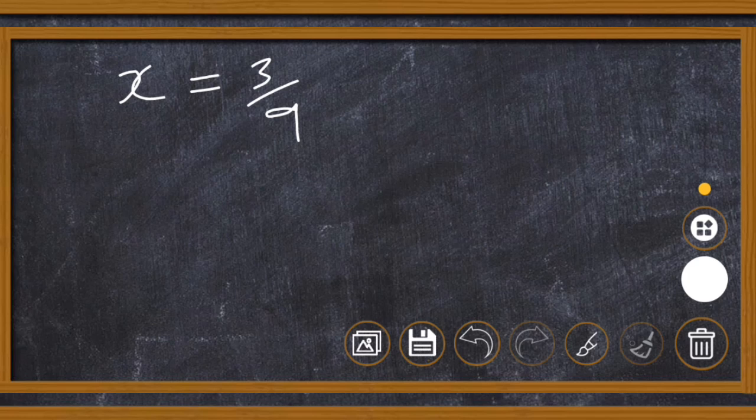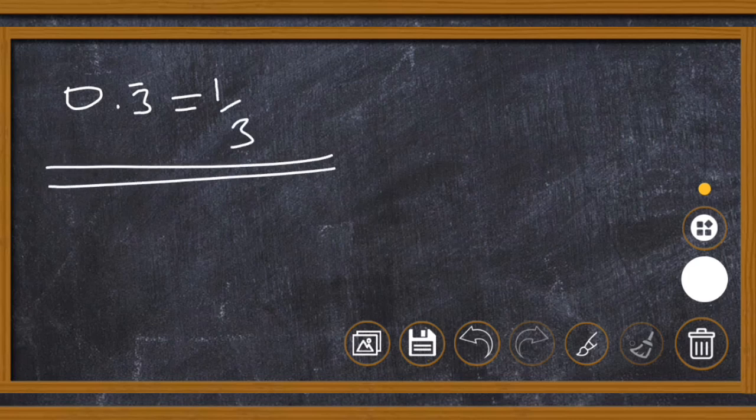After we are done with this part, if you can simplify further the given fraction, you have to do likewise. So in this case, we know that 3 can go in itself one time and it can go into 9 3 times. So in short, x equals to what? 1 over 3. So we have expressed that 0.3 with a bar on top is the same as 1 over 3.